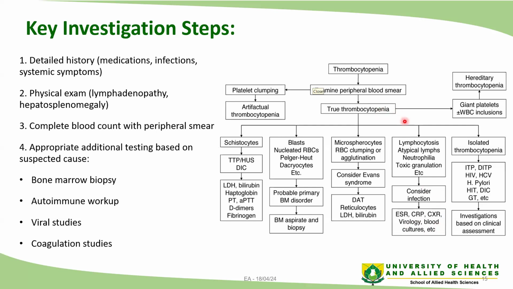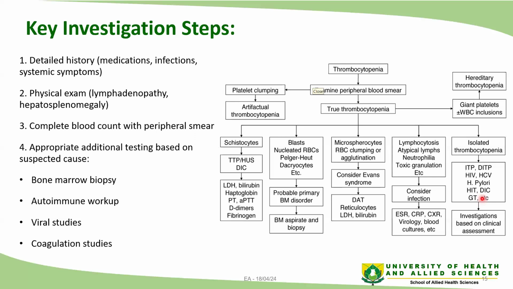And then lastly, if you have an isolated thrombocytopenia, meaning that with a full blood count, thrombocytopenia is the only abnormality you are seeing, there's no anemia, no reduced white cell count, and no increased white cell count, then in that case you can suspect immune thrombocytopenia.